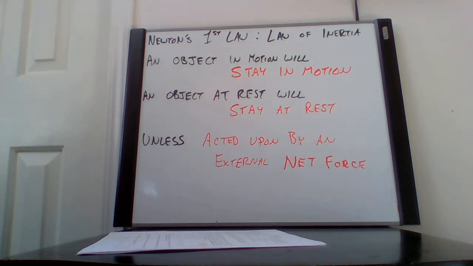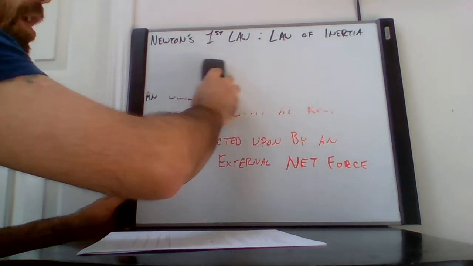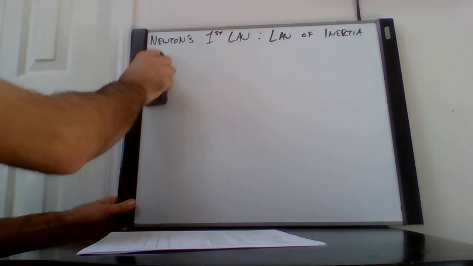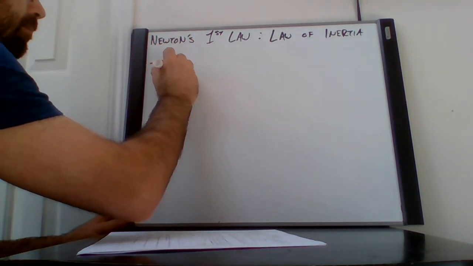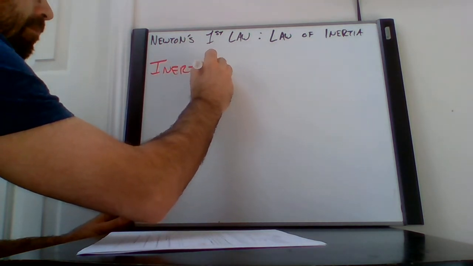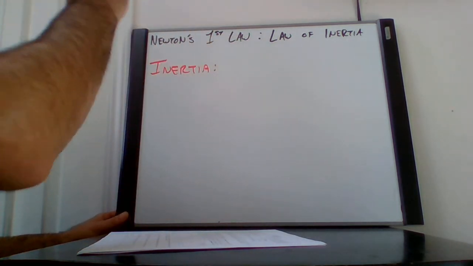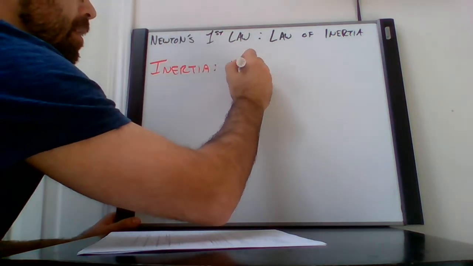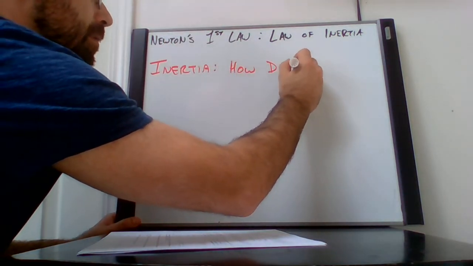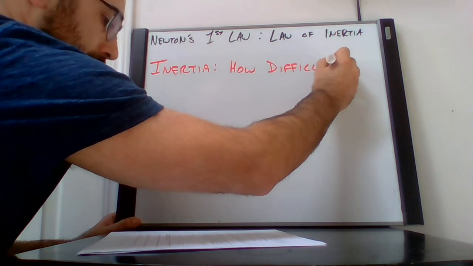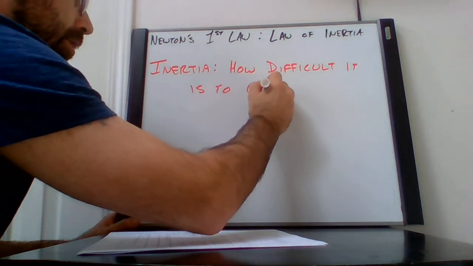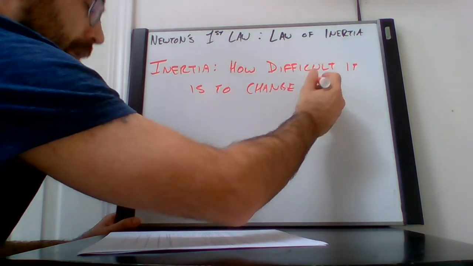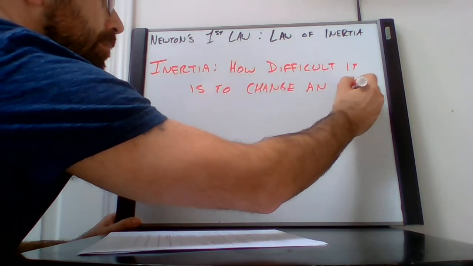Okay. Now I said that this is also, so hopefully that makes sense. Also we have this law of inertia. Okay. Well, inertia is how difficult it is to change an object's motion.